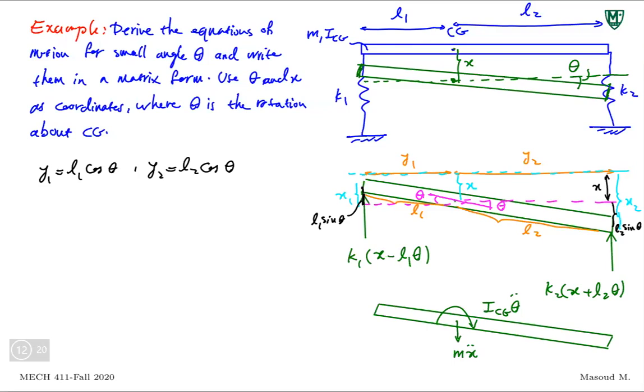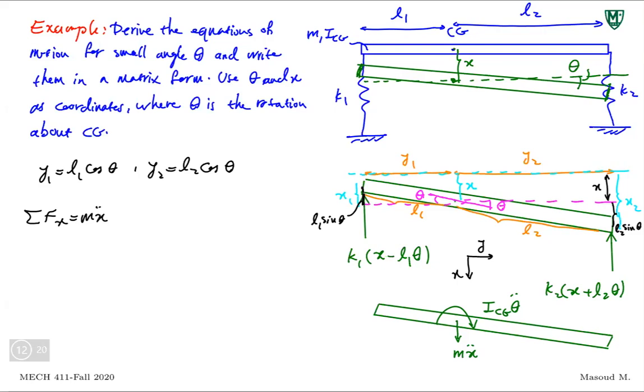Now let's write the equation. We took this as x, so let me put the coordinate there. This is the coordinate in x, and this the coordinate in y. I want to be consistent there. So the summation of forces in x direction becomes m x double dot.